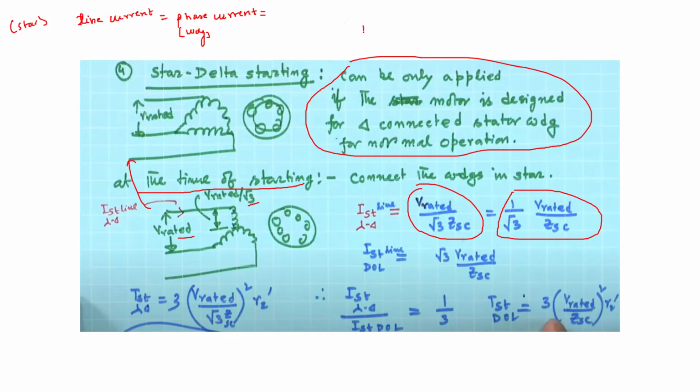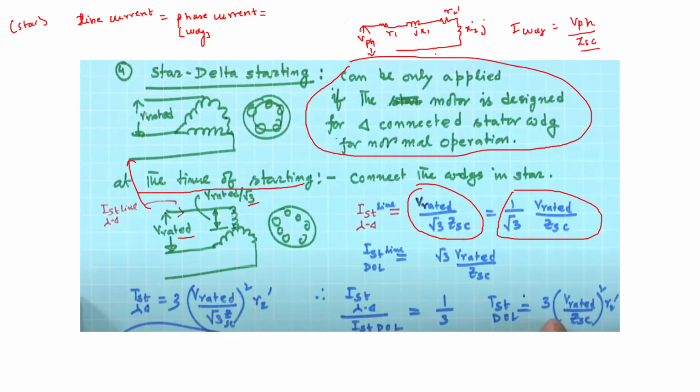It is V phase divided by the impedance R1 plus jX1 plus R2 dash by S with S equal to 1 plus jX2 dash. This is ZSC. So the winding current is V phase by ZSC for the star connection.